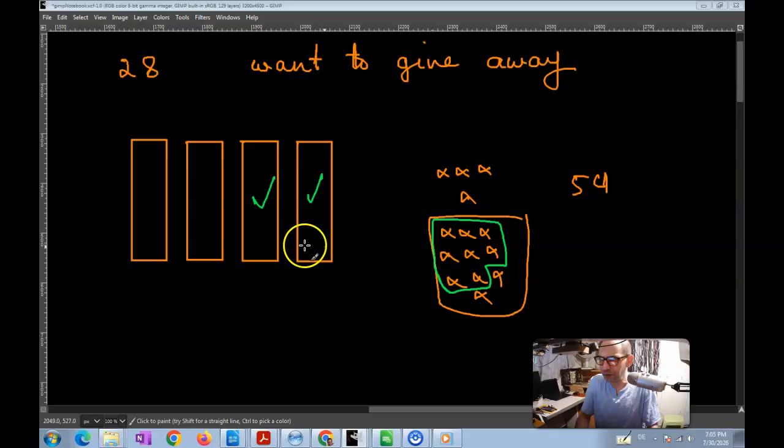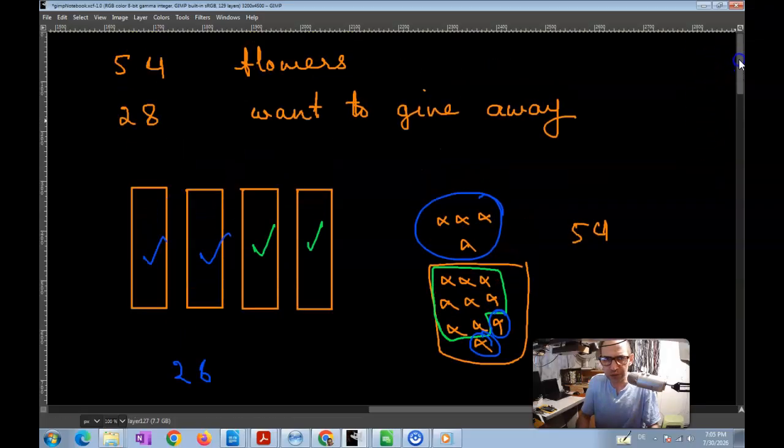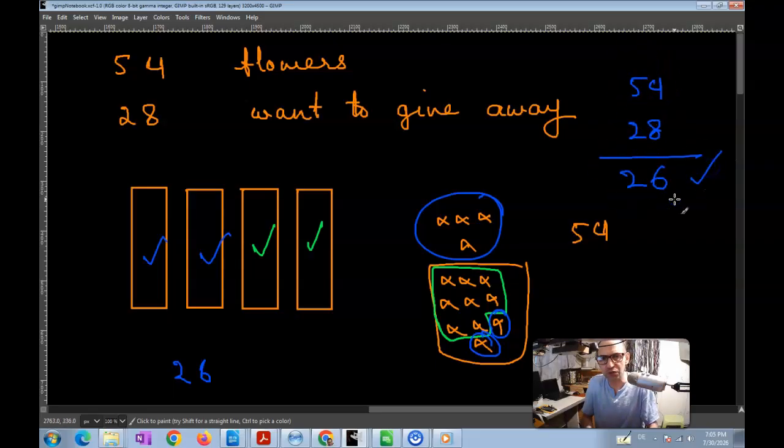And what I'm left with is this one and this one and these ones and this one and this one. So what I'm left with is a 20, and this is a 4, 2, and that's a 26. Which means that essentially a 54 minus a 28 is equal to a 26. Of course, you know that that's correct, right?